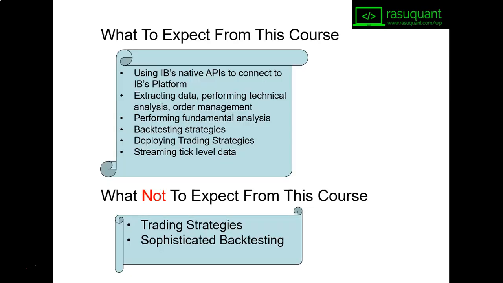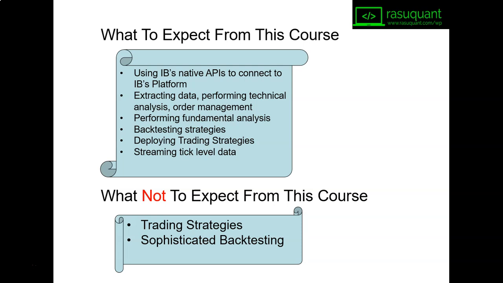At this point, I would want to clarify what to expect and what not to expect from this course. You can expect to build decent familiarity with Interactive Broker's native API to perform your algorithmic trading. You will learn how to extract data, perform technical analysis, order management, account management, etc. on Interactive Brokers platform. You will know how to perform fundamental analysis and backtesting your strategies.